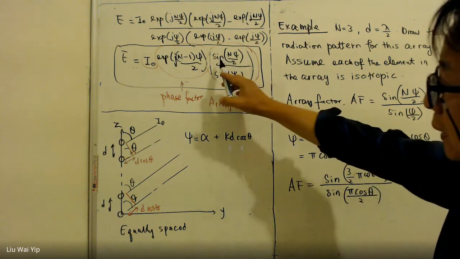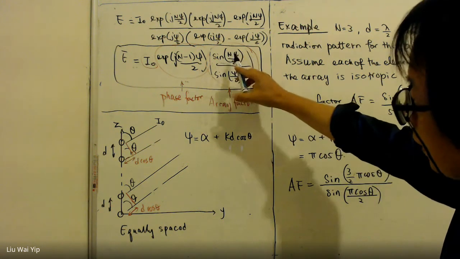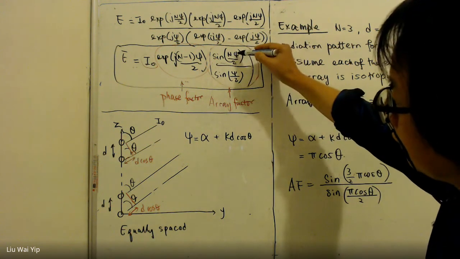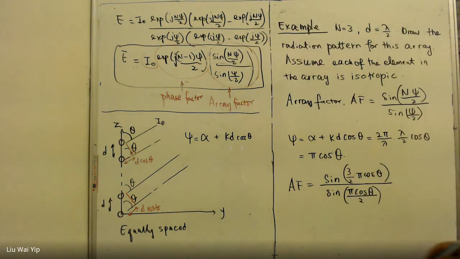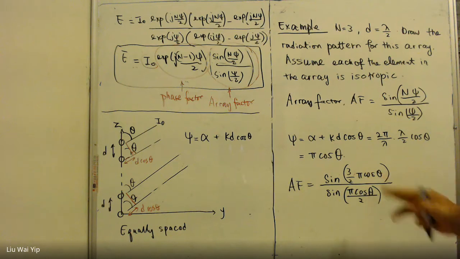According to this expression, the maximum will happen when phi is 0. So what we can do is just continue.